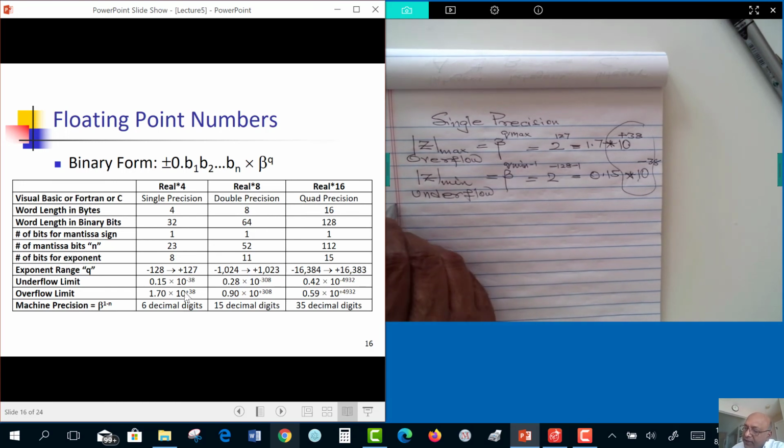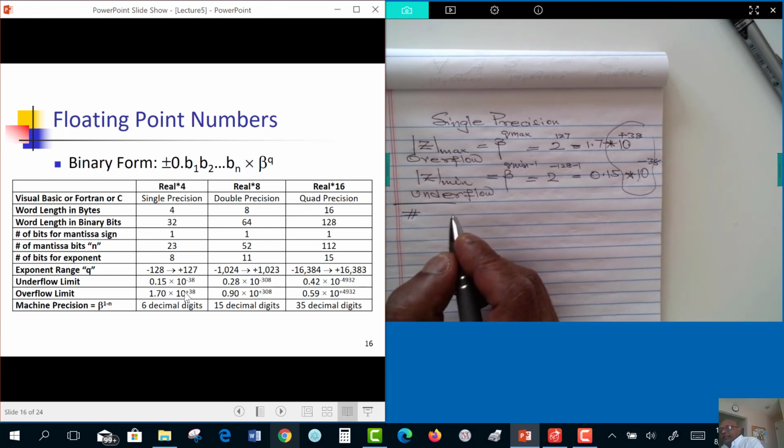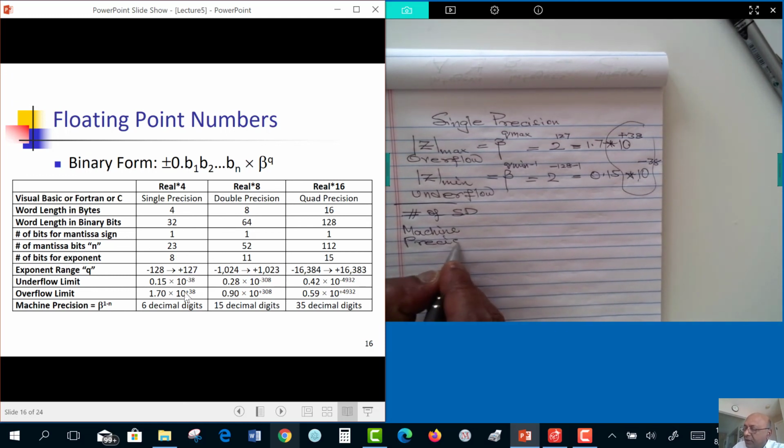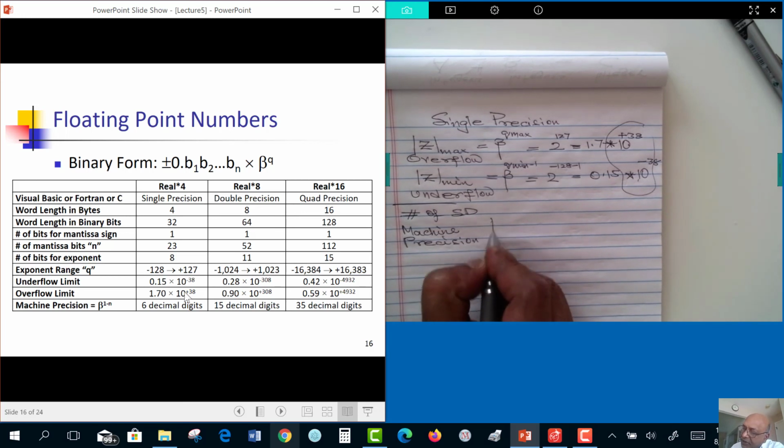Then our last thing is how many significant digits can we store? So instead of talking about significant digits, what it talks about is machine precision. So what is our machine precision? Machine precision is our relative error bound.